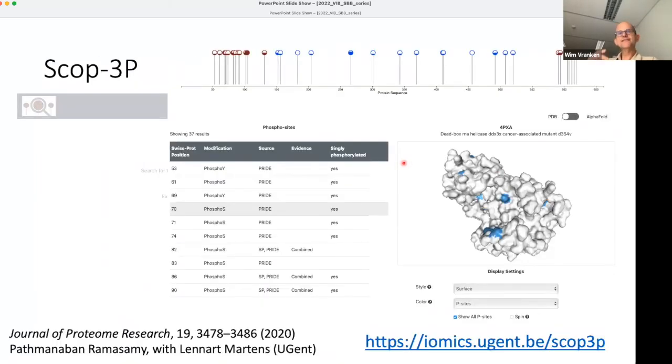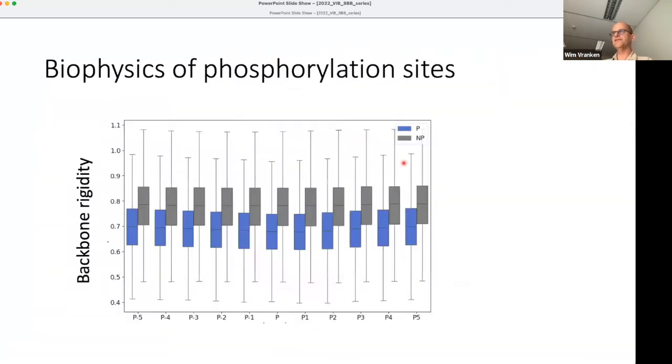But what we also did is link this to the biophysical characteristics that I was talking about. And then interesting patterns come up. This is not published yet, but we submitted it and it's now in revision. What you can do then is look at phosphorylation sites and see, okay, are there any patterns in these biophysical characteristics?